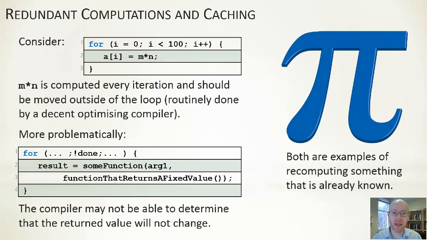So redundant computations, as you might expect, are unnecessary computations. They're ones that quite often are repeated. I've got a couple of examples on this slide. In the code fragment at the top, we've got a for loop, doing it 100 times. Inside the for loop in line 2, we're calculating m times n. So m is some constant, n is again some other value.